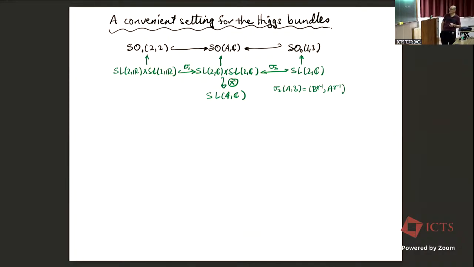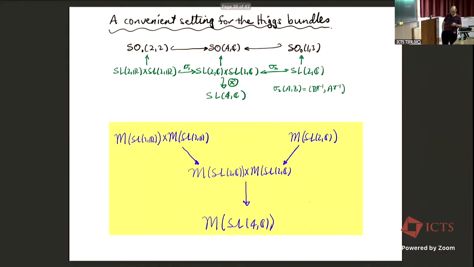The double cover of this is SL2C cross SL2C. And the SL2C that is the double cover of this sits inside here as a real form. It's the real form related to this anti-holomorphic involution. So this is the setting where we can talk about Higgs bundles related to the two groups and maybe see how you can transition from one to the other.